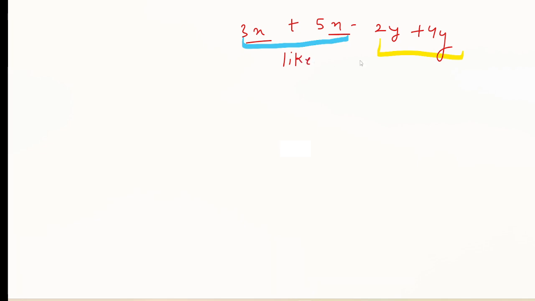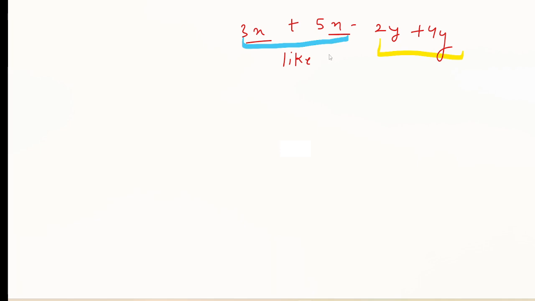Okay, for example, if you have to simplify this, 3x plus 5x minus 2y plus 4y. So 3x and 5x both have x as the variable, so they are like terms, and 2y and 4y both have y, so they are like terms.